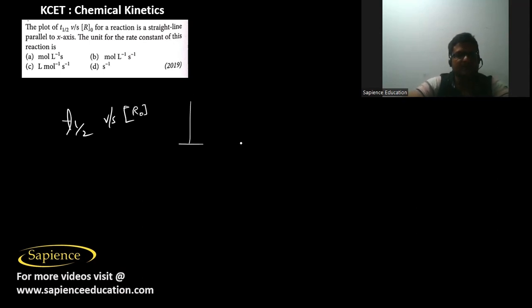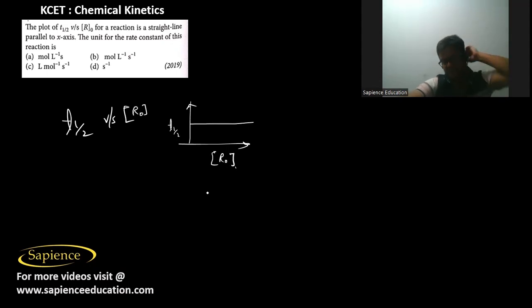So the plot of T half versus R naught is a straight line parallel to the x-axis. It means that it is independent of the initial concentration. So therefore, it means that it is a first order reaction.